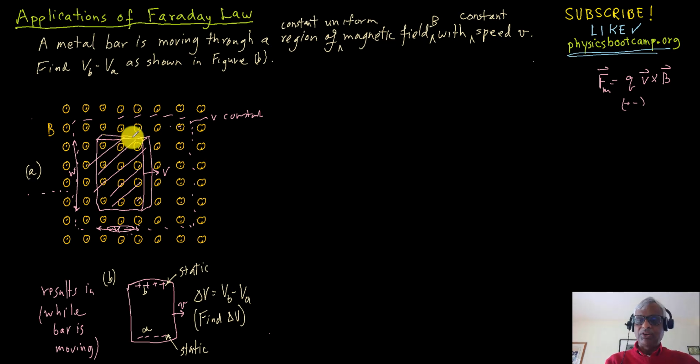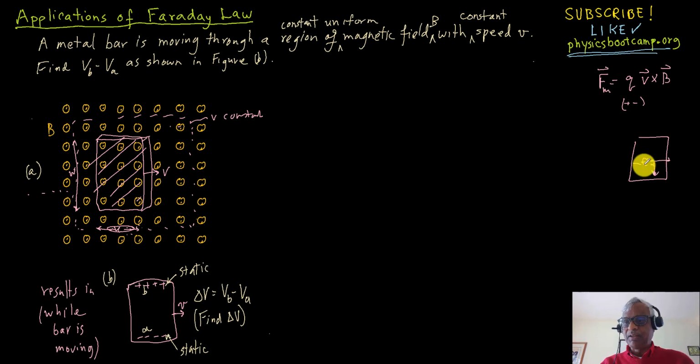So conduction electrons will start to move, and if you use the right-hand rule, you will see that the force on conduction electrons will be down like that. If this is moving this way, force will be down.